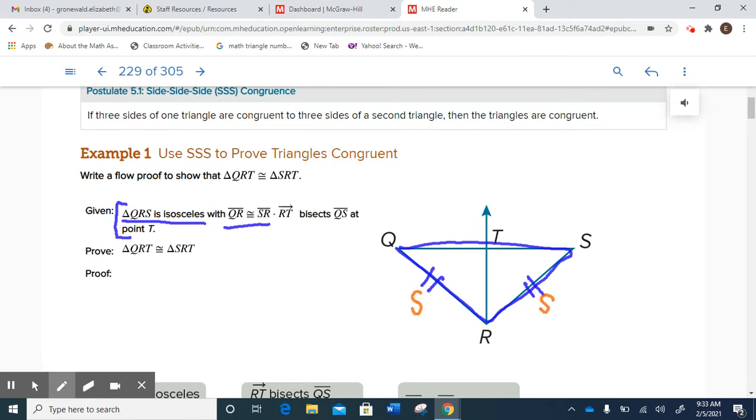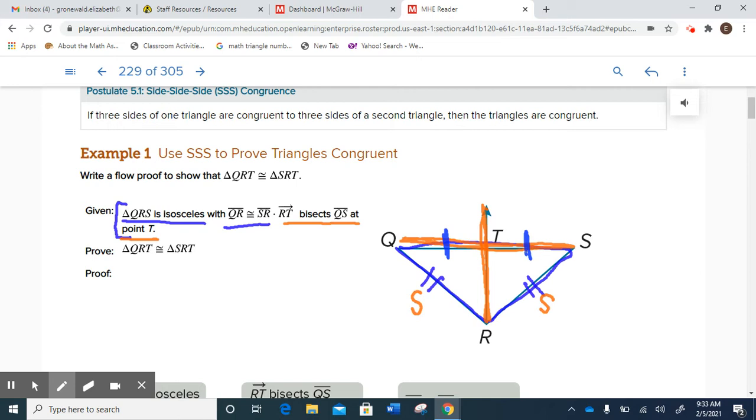The next thing that it tells you is that RT bisects QS at point T. So this line here in the middle bisects this one here, which means that it cuts it in half. So the next thing that we know is this side is congruent to this side.